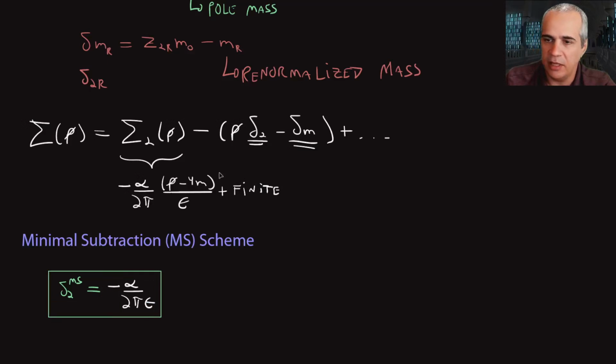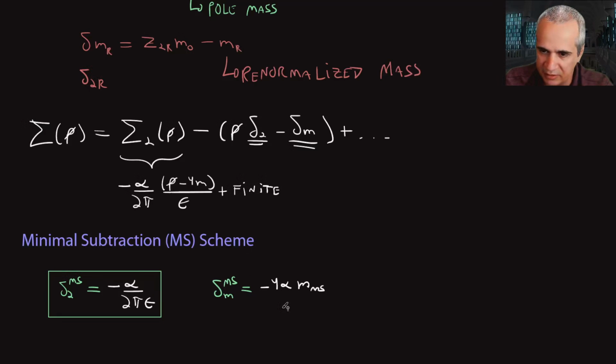And delta m in the MS scheme will be defined as minus 4 alpha, because of this 4 right here, m in the MS. So I'm just using these definitions, replacing R by MS.